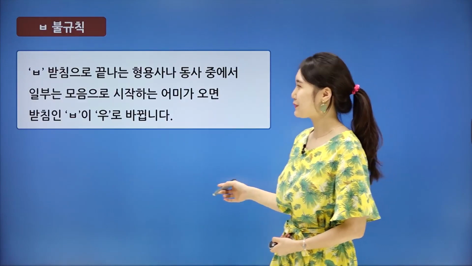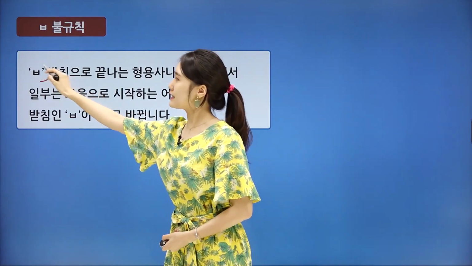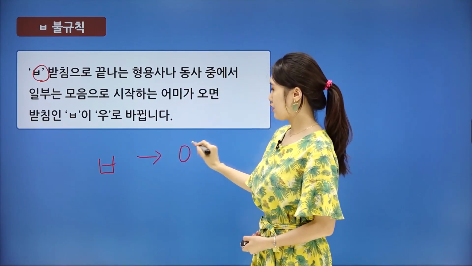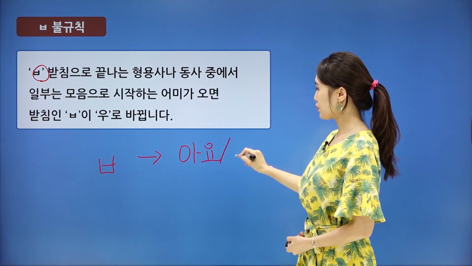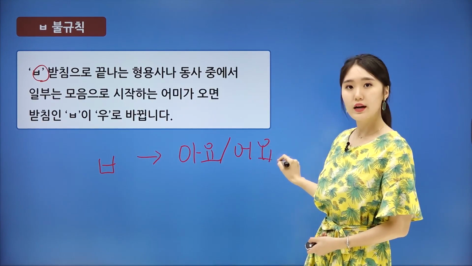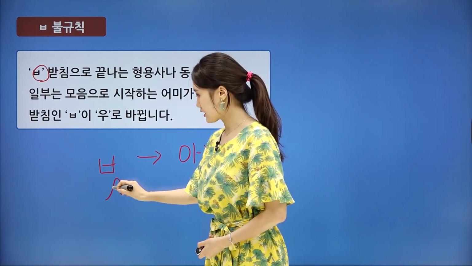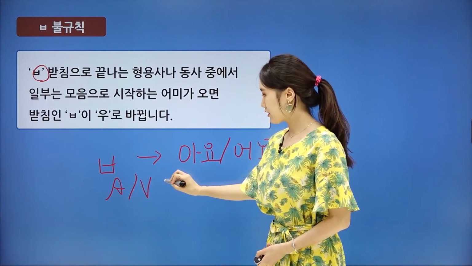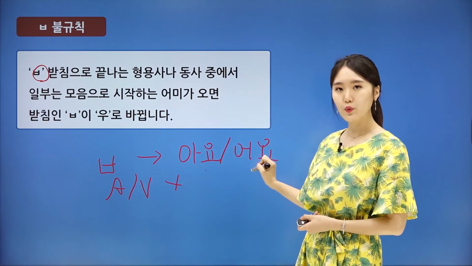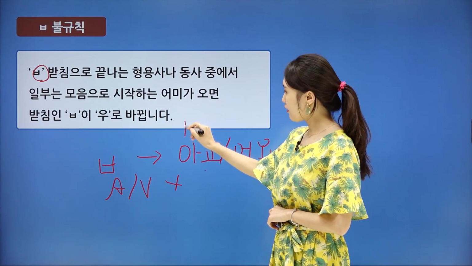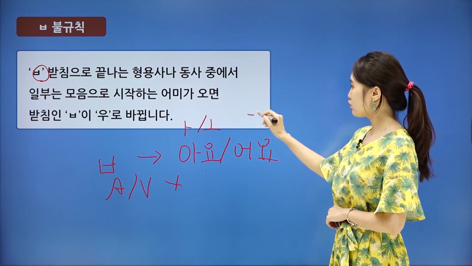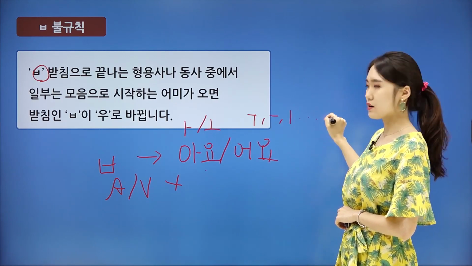So let's see here. If it ends with 브 and you want to say "are you", it doesn't matter if it's an adjective or verb, it's still the same. Adjective or verb plus are you. We learned are you, vowel a or o, and are you is u, i, the others.